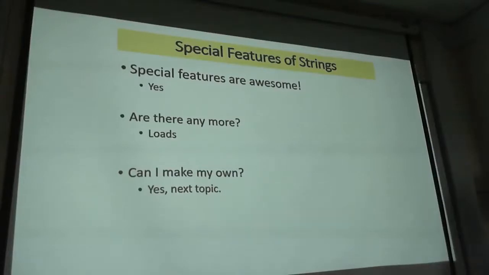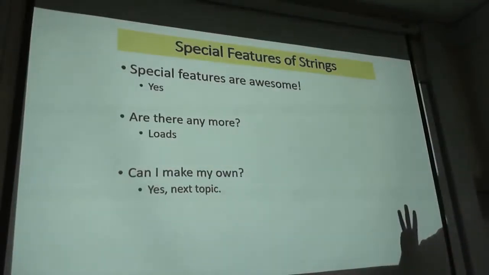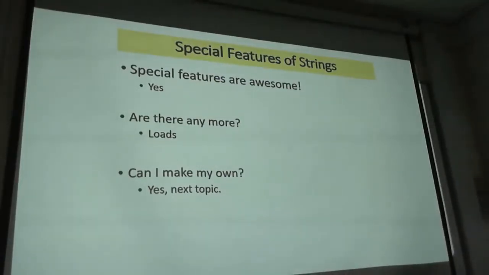Imagine how useful it would be if you created a little piece of functionality called legitimate date, which takes in 3 integers and returns a Boolean value of true or false, and all that work's gathered in there. Whenever you had a program that involved a date, you could just use that, rather than having to reinvent the wheel every time. That's what we're going to look at in the next topic.